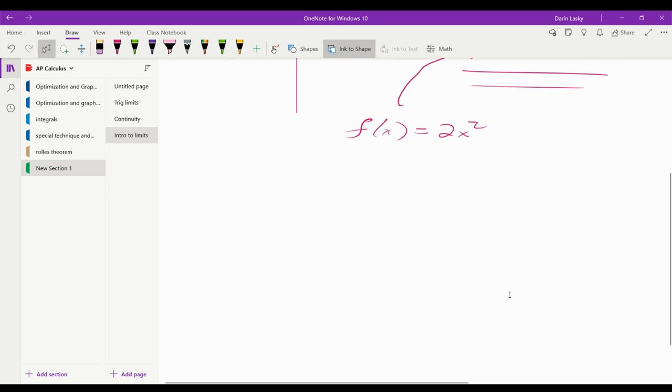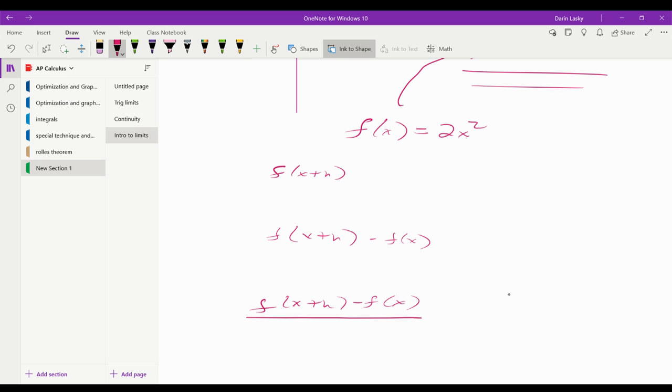So on today's worksheet, they actually have you do two things. They have you find f of x plus h. They have you find f of x plus h minus f of x. And then they also have you find f of x plus h minus f of x all over h.